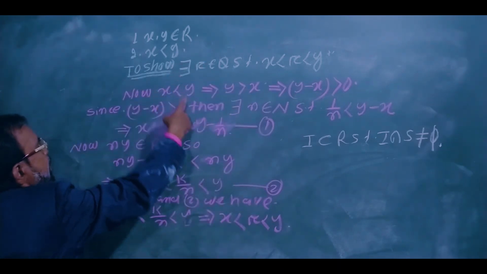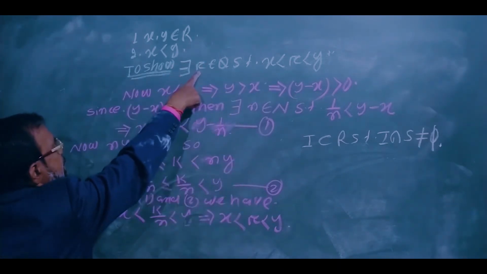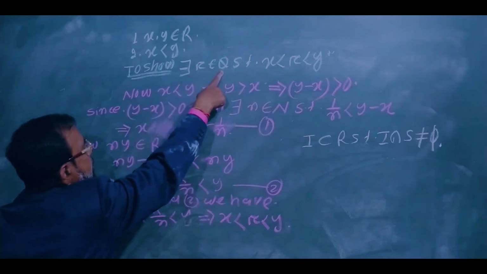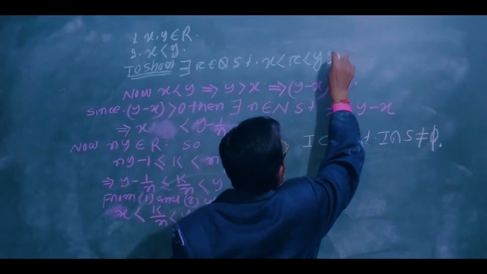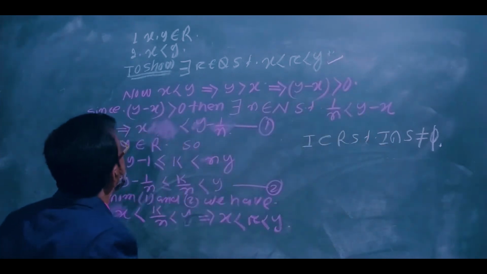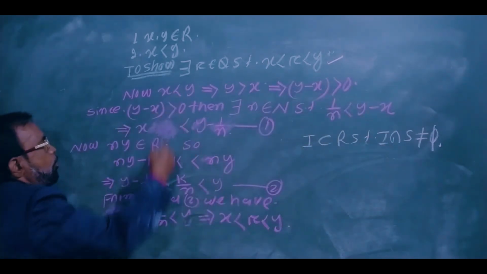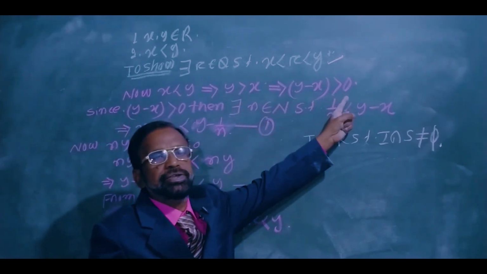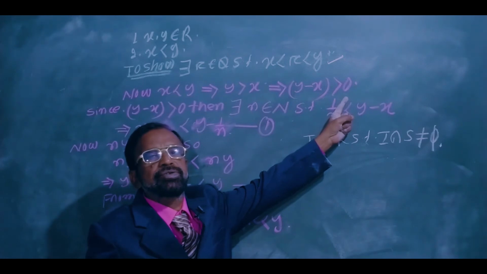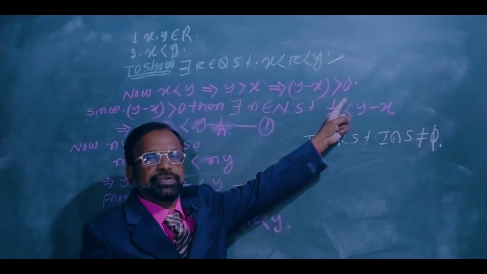We have to show that there must exist a rational number r belonging to Q such that x is less than r is less than y. This is our aim. Now x is less than y implies y is greater than x, which means y minus x is greater than 0, which means y minus x belongs to P, means positive.